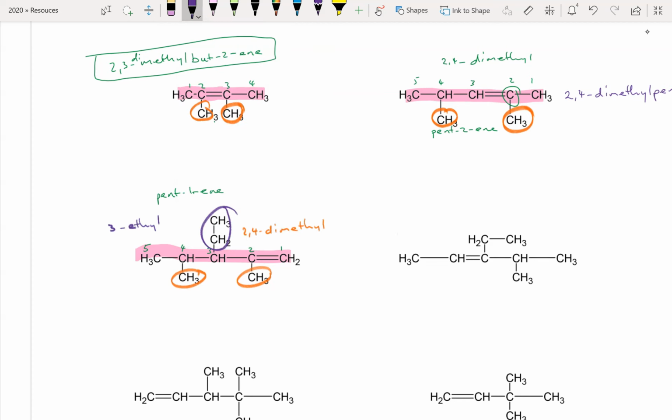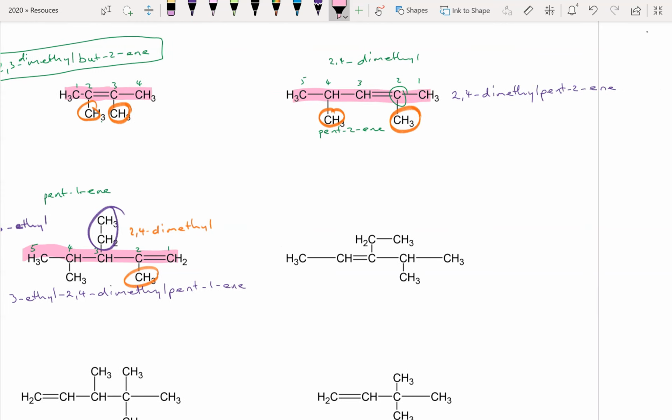Now, we name them in alphabetical order of the side chain. So it's ethyl, methyl. So we end up with a name like 3 ethyl, 2, 4 dimethyl pent-1-ene. Now, I know that's a mouthful, but the beautiful thing of this is if we were just given that name, as we will soon, you could build this molecule from that name. And that's pretty special.